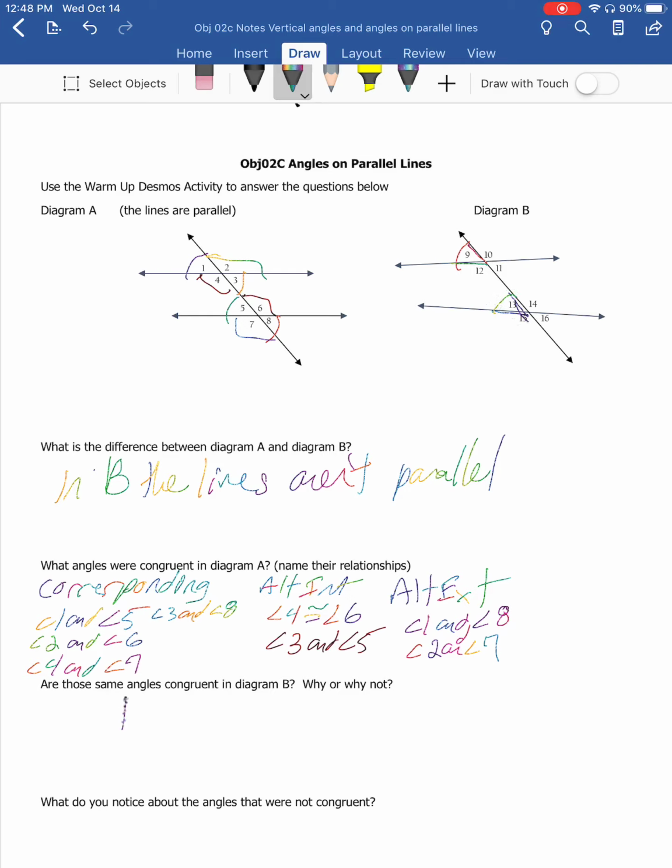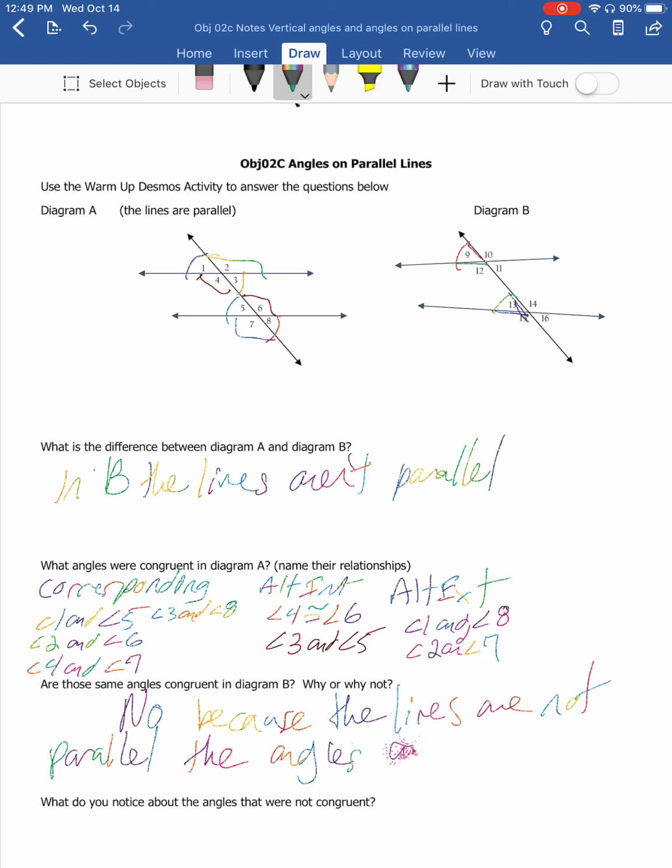So no, because the lines aren't parallel, the angles aren't congruent. Okay, and I'm going to use the congruent symbol. So no, because lines are not parallel, the angles are not congruent.